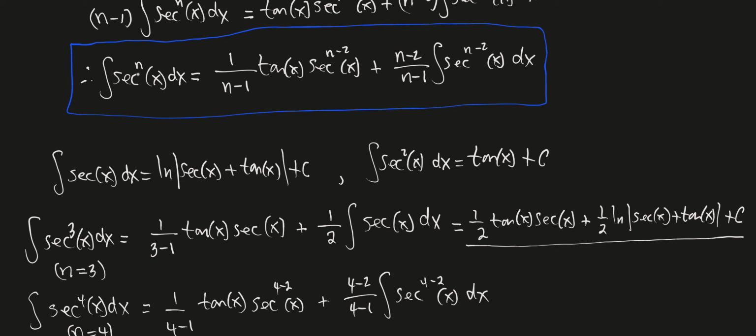So for instance, if this were a 10, then we would have to break it down to a power of 8 on this side. But then if I don't know the antiderivative of secant to the 8th power, I'd have to use my reduction formula again and break that 8th power of secant down to the 6th power of secant.